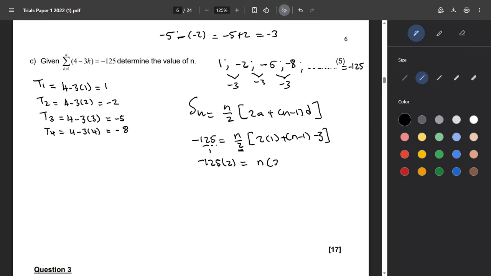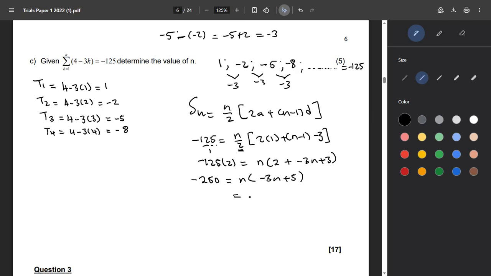Let's work out the bracket. That's 2 plus, let's say 2 minus 3n plus 3. Add the like terms there. This is negative 250. And then n into 2 plus 3, that's 5. So this gives me minus 3n plus 5.